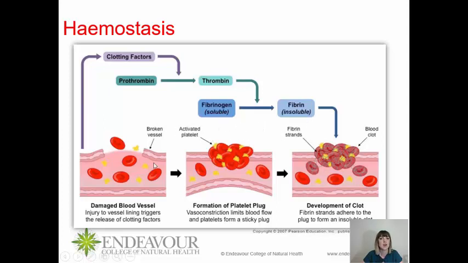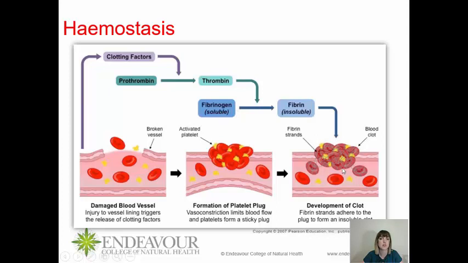At the same time, platelets have become activated. They adhere to each other and to the surrounding tissue and red blood cells in the area, forming the actual platelet plug that is going to block the hole in the blood vessel, and that is then going to get reinforced with the fibrin threads that have been created by the clotting cascade.